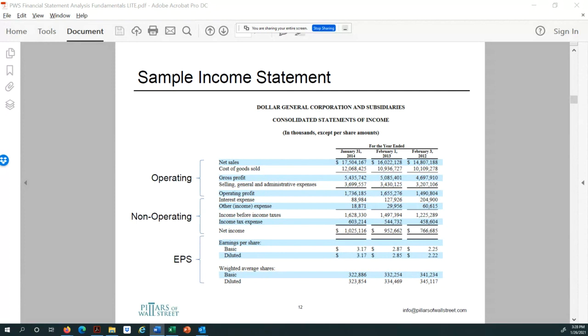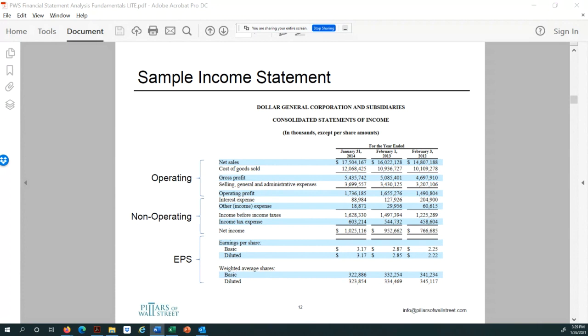We then have selling, general, and administrative expenses, which are SG&A. That represents general operating expenses of the firm. Essentially, SG&A is operating costs not directly tied to the manufacturing process. So things like marketing and office expenses would be SG&A.